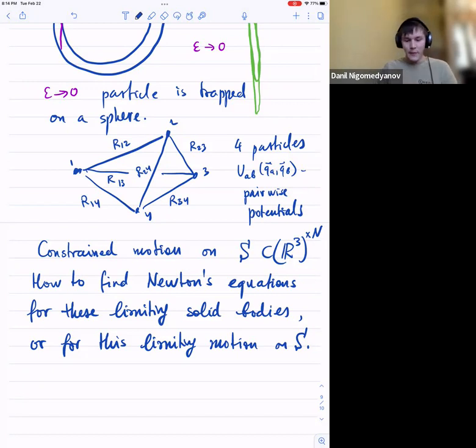So in the previous example, we considered the case when the particles are pairwise interacting, and in the setting of an infinite number of particles, we could require that only a finite number of particles could interact.